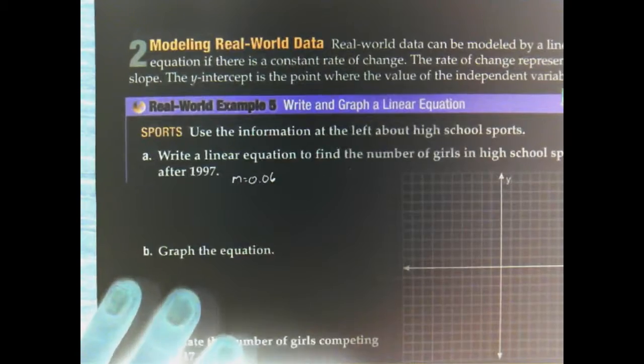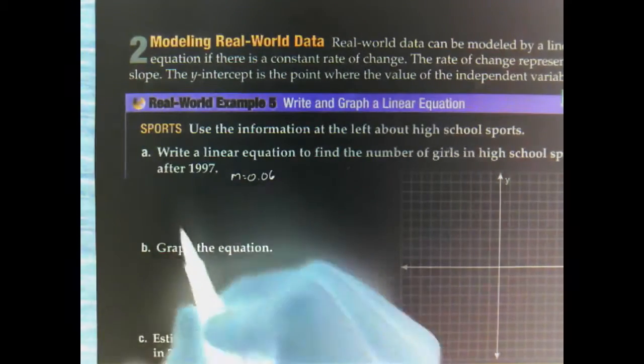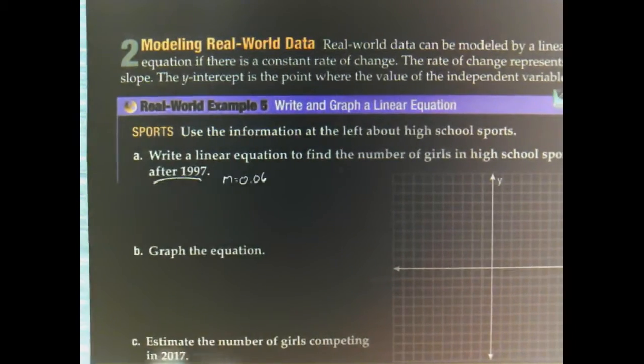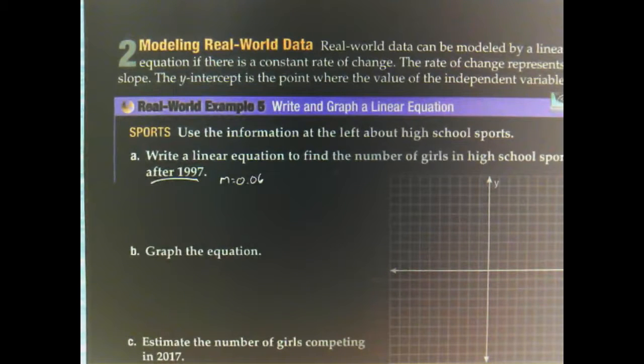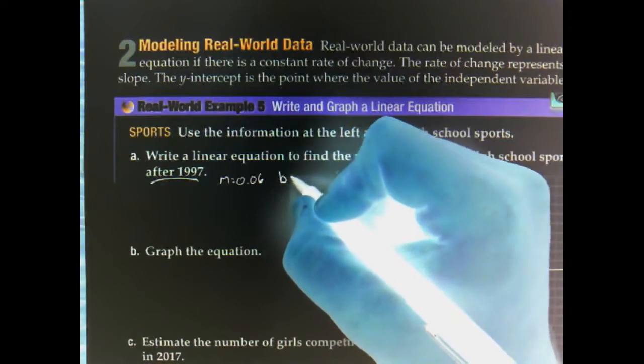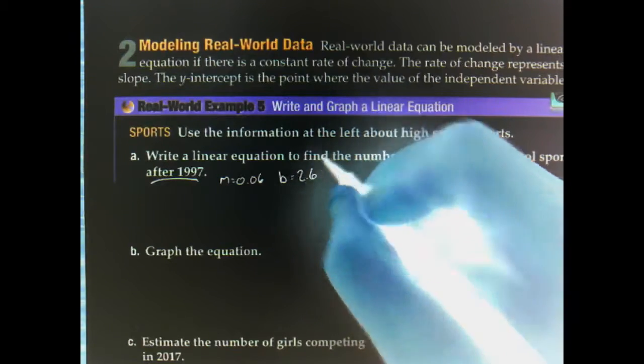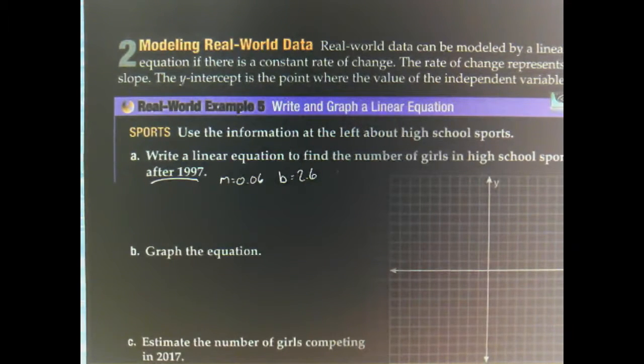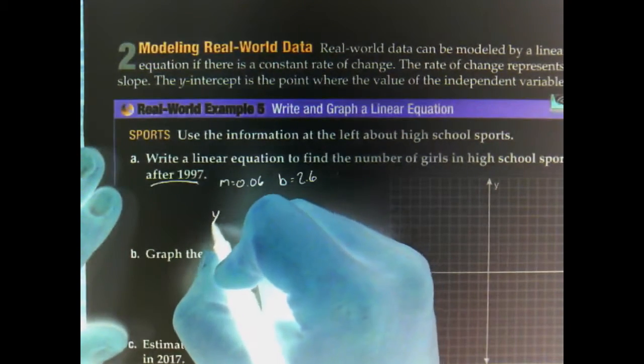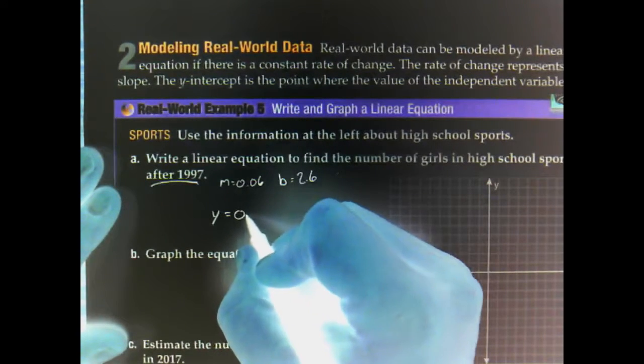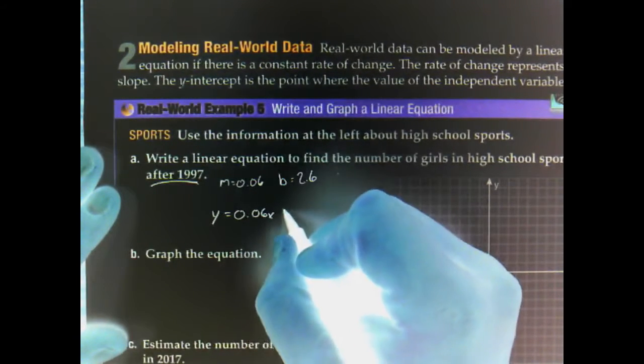And then our initial value is the value that it was in 1997, so that would be 2.6. Again, these are in millions, but we're going to leave them like that. So our equation would be y equals 0.06x plus 2.6.